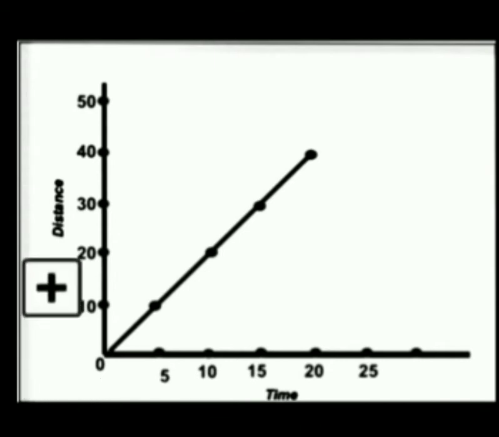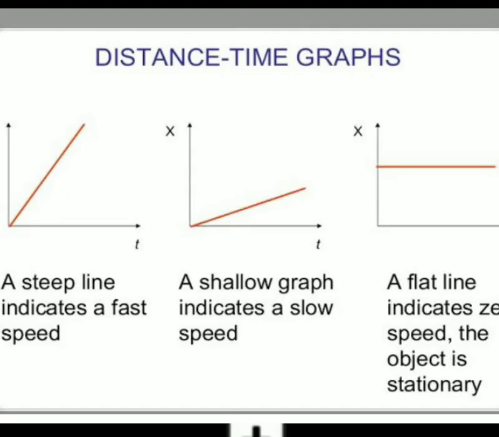So left to right is time spent, and bottom to top it shows distance traveled. So as the graph reaches its height in a lesser time, its speed will be considered more, or a higher speed. So we have discussed this.